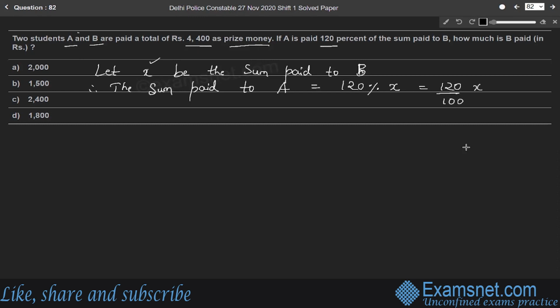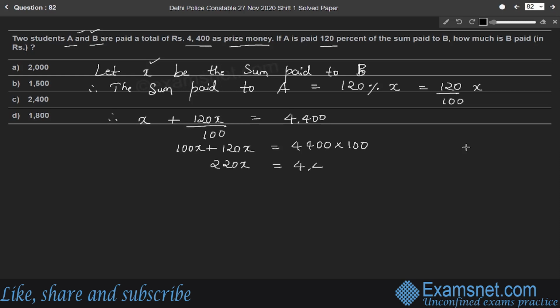So A and B are paid a total of 4,400 rupees. Therefore, X plus 120X by 100 is equal to 4,400, right? So here 100X plus 120X is equal to 4,400 into 100. Therefore, 220X is equal to 4,400 into 100.